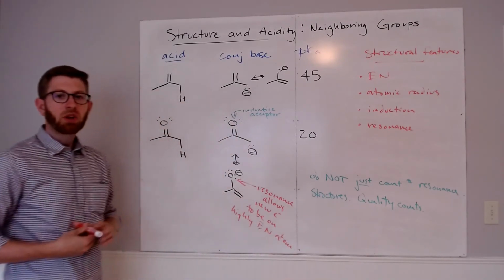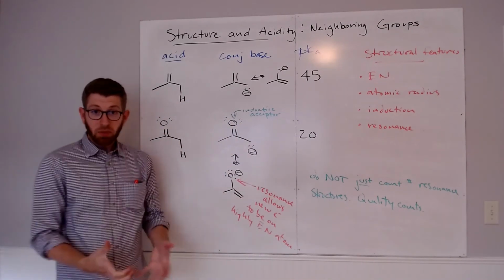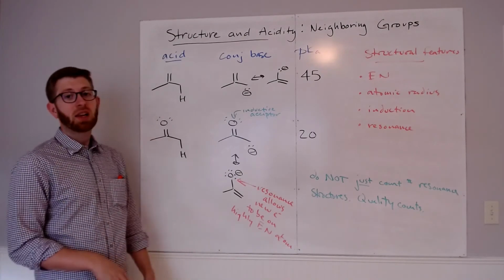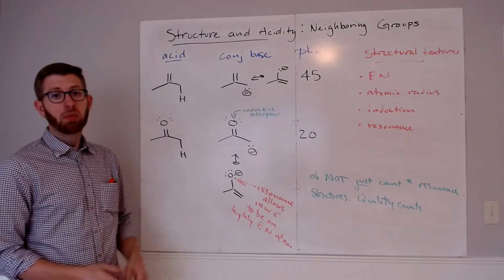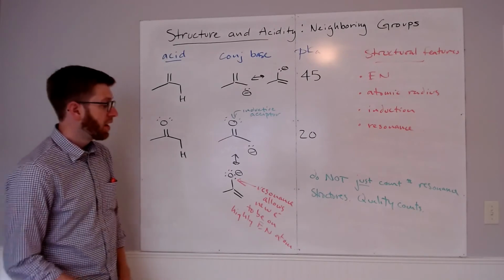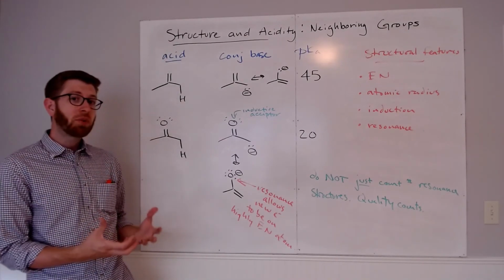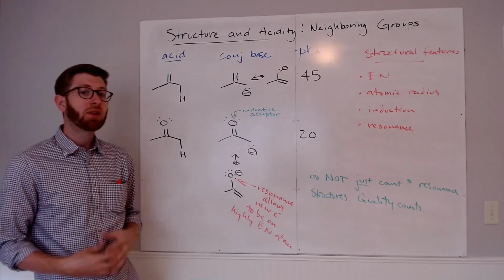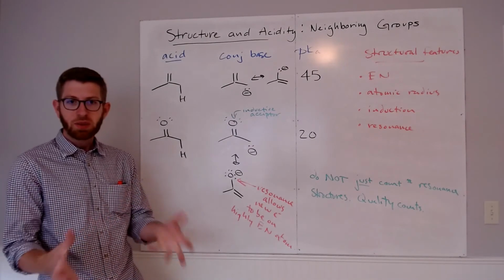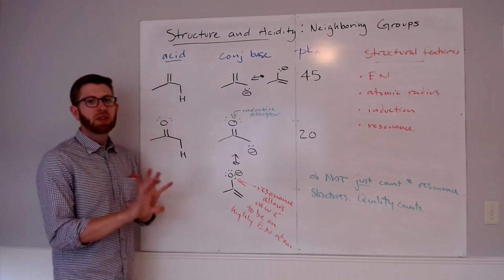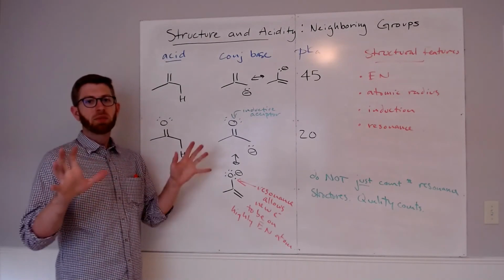Right, we're actually able to place the charge, or at least some of the charge, onto a highly electronegative atom, which, as we've established in the previous video in the series, is going to be quite stabilizing. So just remember that when you're thinking about conjugation, resonance, delocalization, all those things mean the same concept. Don't just count. Don't just say, oh, well, it's the number of resonance structures.